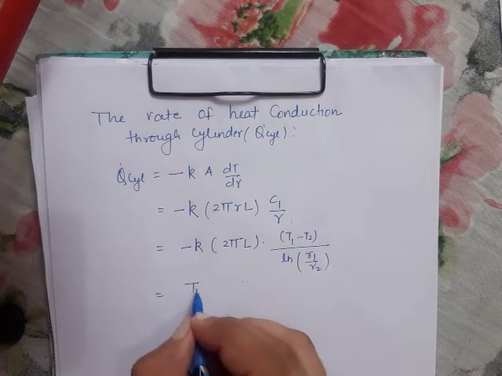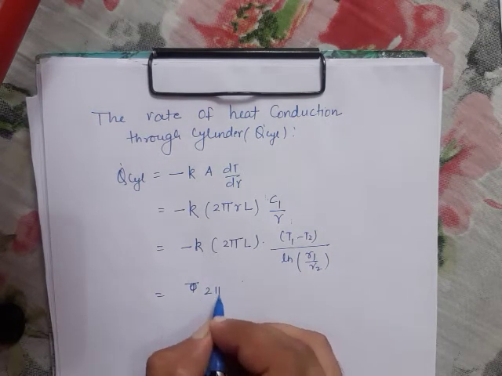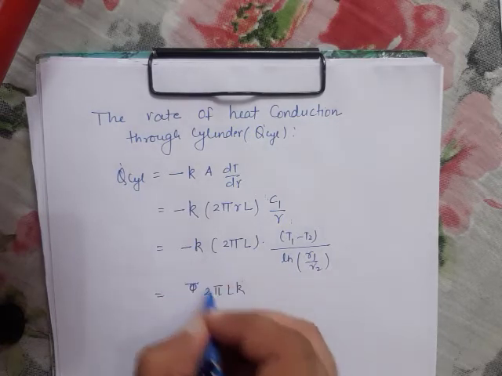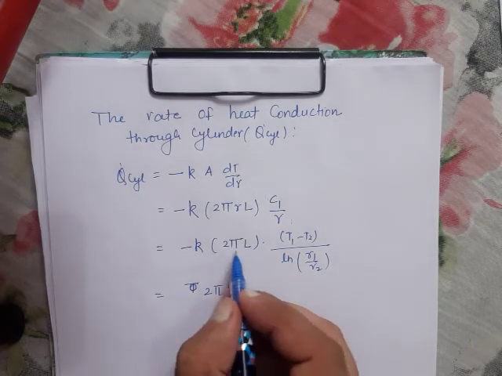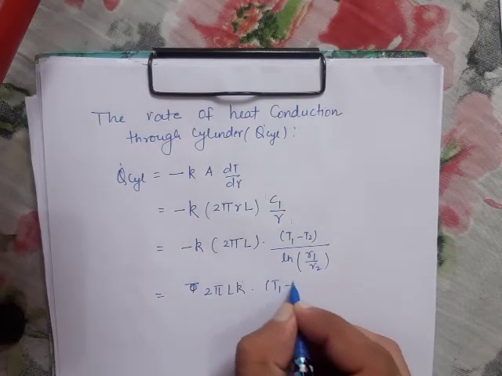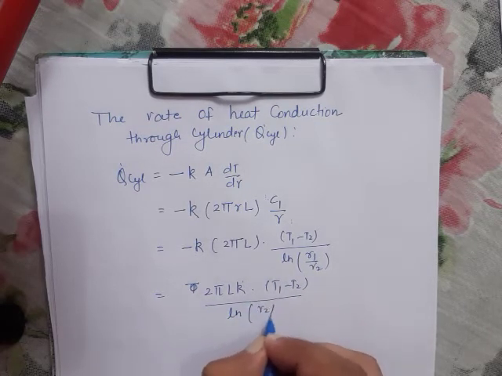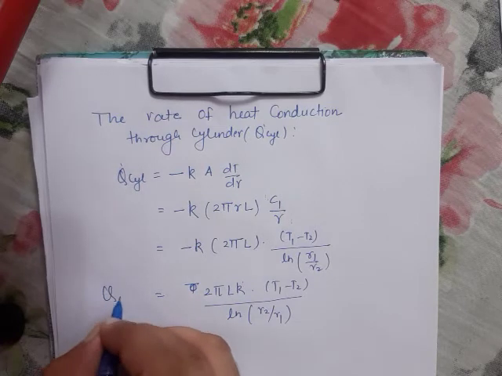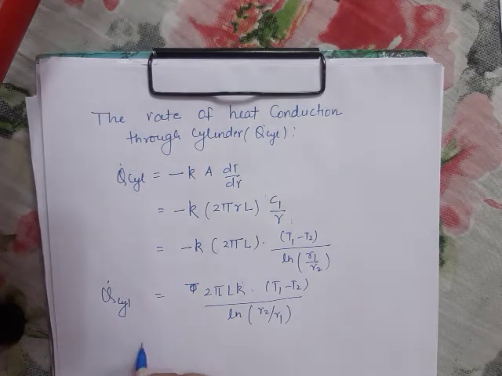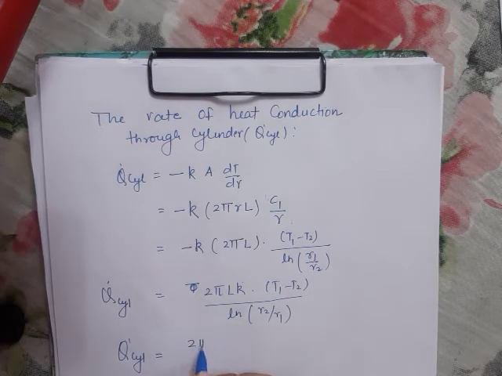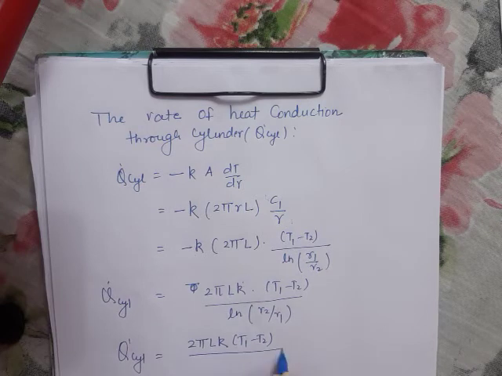So the equation finally becomes 2 pi L k multiplied by T1 minus T2 divided by log of r2 upon r1. This is the expression for the rate of heat transfer through the cylinder.